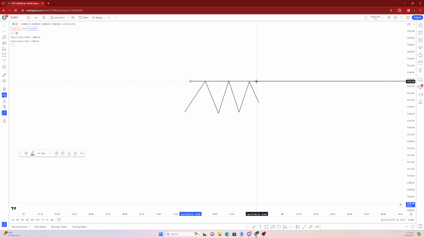Now, also at the same time, you have breakout traders who are looking to go long if price breaks above resistance. So what happens if price trades above this previous high? Everybody who was selling short is going to get stopped out because price broke above resistance. And then also at the same time, you have breakout traders who are going long because price broke above resistance.